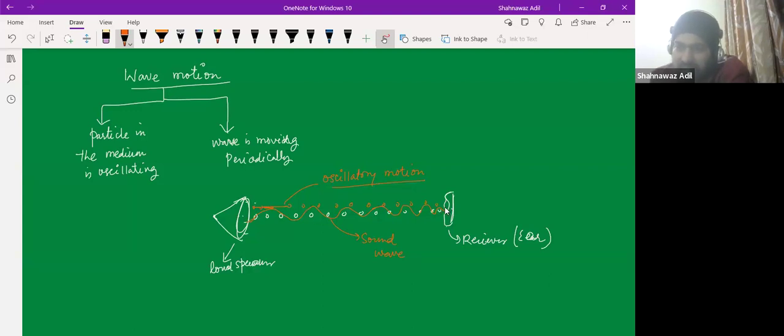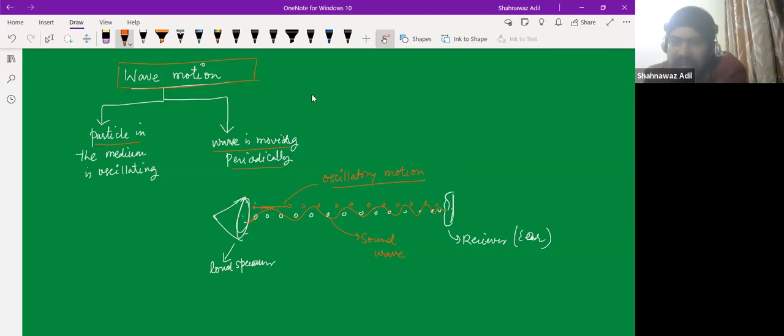That is how we are able to hear the loudspeaker voice. So these are the two basic parts of wave motion, and we have to be very careful with that. One is that the wave is moving periodically, and the particles in the medium are oscillating.